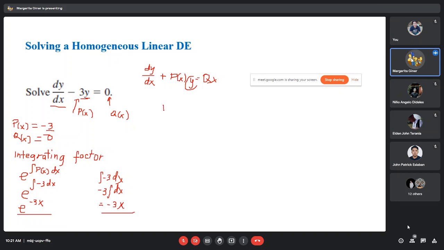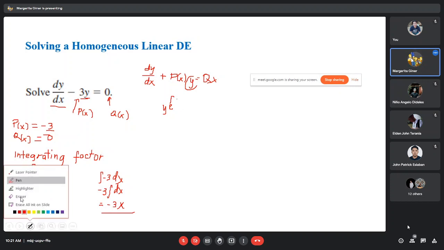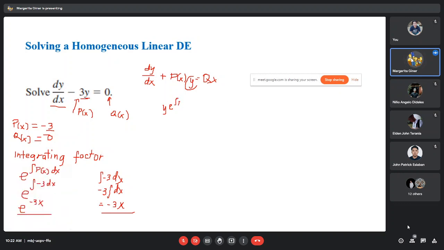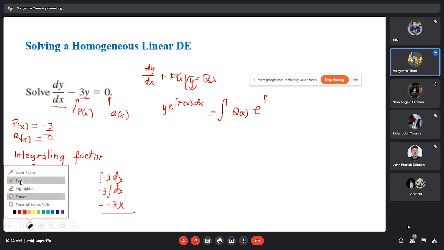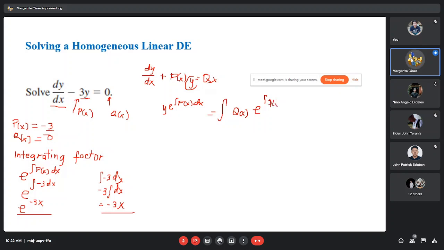So, our formula, if it is linear with y, so y e raised to the antiderivative of px dx is equals to the antiderivative of qx e raised to the antiderivative of px dx.